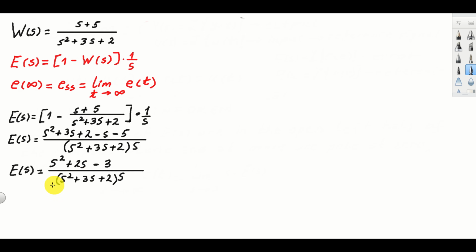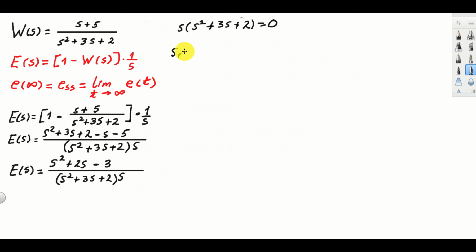Now, what are the poles of E of s? The poles of E of s are the zeros of the polynomial in the denominator. In the denominator we have s multiplying (s squared plus 3s plus 2), and this is equal to 0.